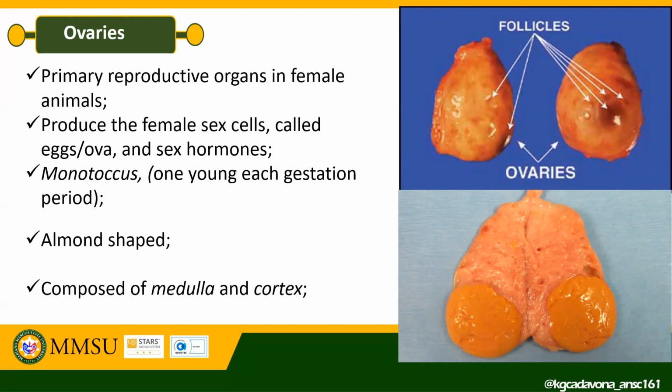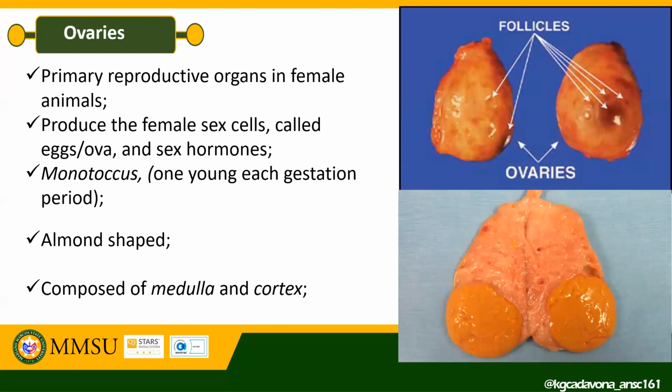Basically, if pregnancy is established after ovulation, the corpus luteum will remain for the duration of the pregnancy, producing progesterone, as I said earlier, which is an important hormone for the maintenance of pregnancy in our animals.